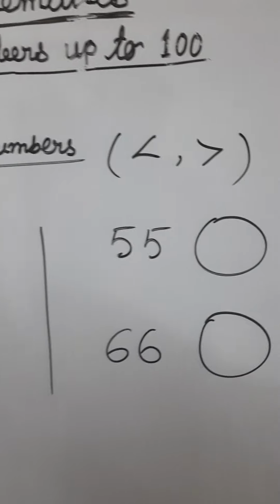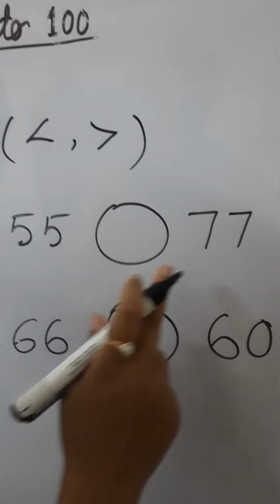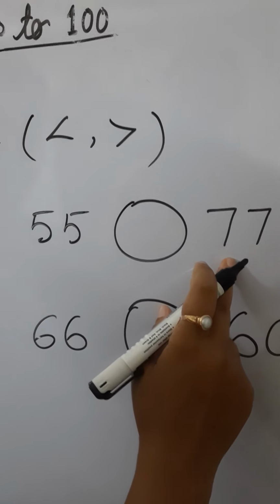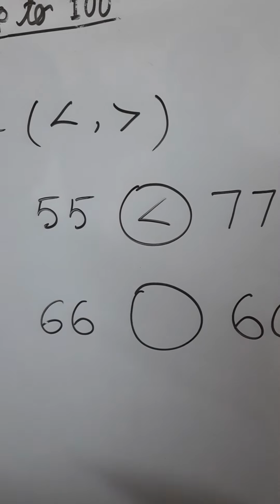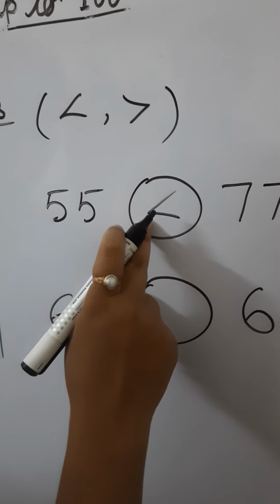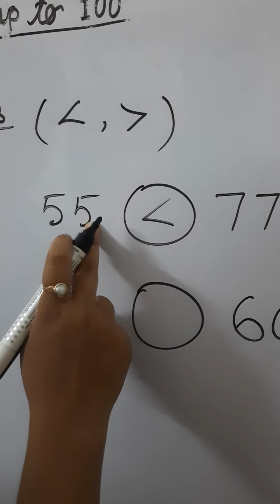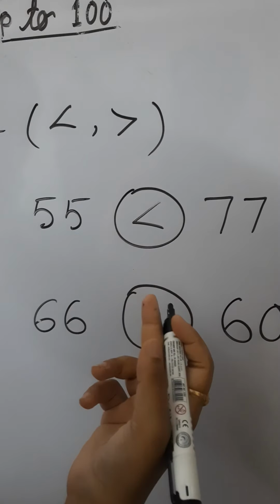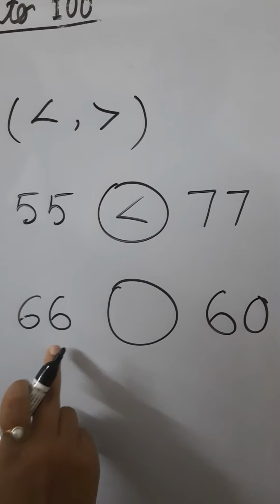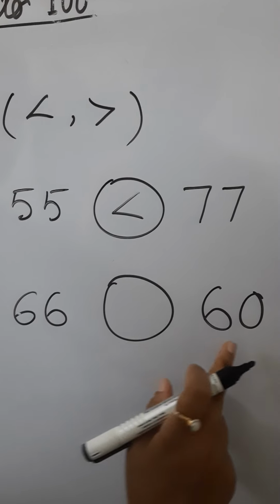For the next numbers we have to do here, 55 and 77. So how do we write that symbol? Like this. If you write like this, the arrowhead is on the smaller number side, so it is correct. Like this also, here 66 and this side 60.